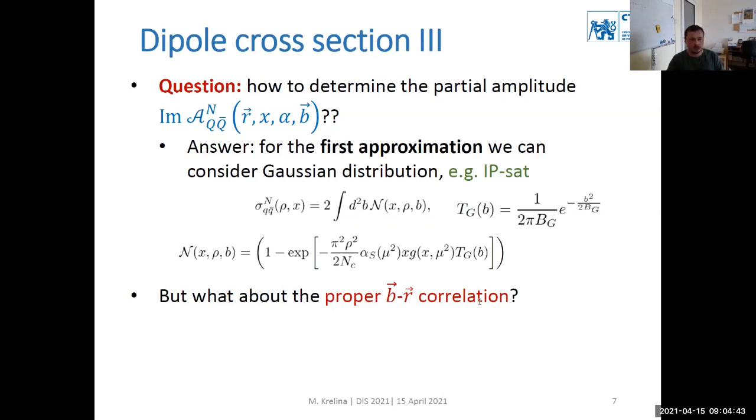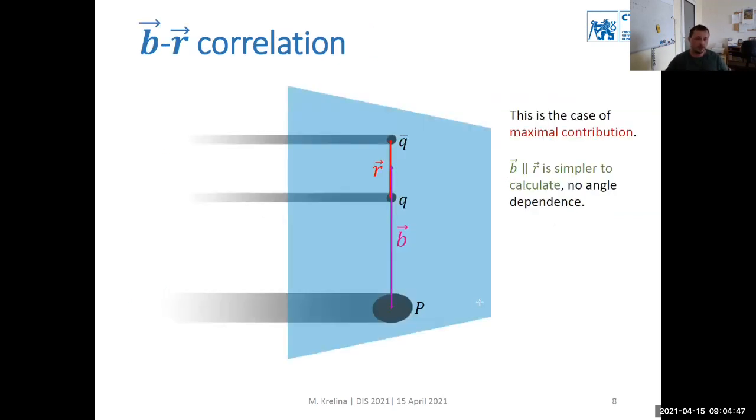Probably one can imagine that there should be some correlation, so let's see a picture of how the situation looks. At the beginning, we have some vector photon that goes into a QQ bar. The position of the QQ bar is described by the vector r. Its absolute value says how far they are from each other.